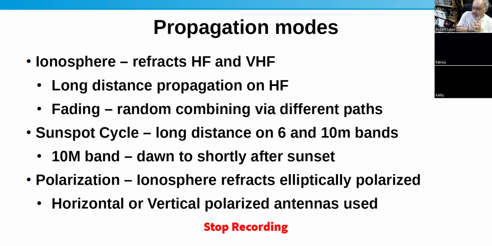So it doesn't really matter when you're transmitting or receiving, in that case, whether you're using horizontal or vertical. For things like beam antennas and stuff, it's typically easier to build them horizontally than vertical, but it doesn't really matter.